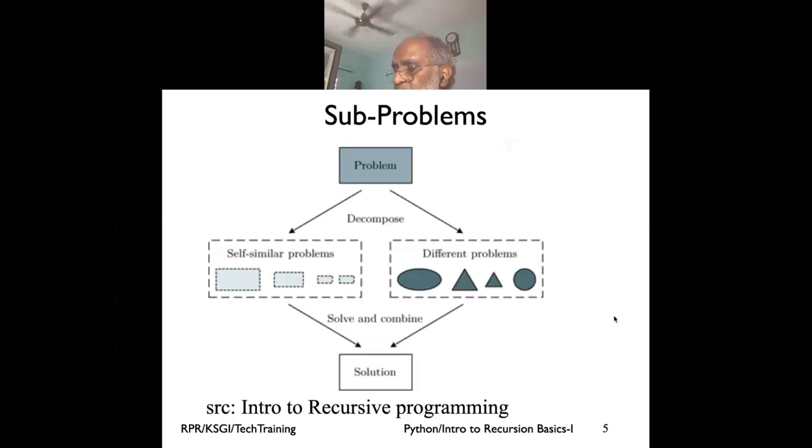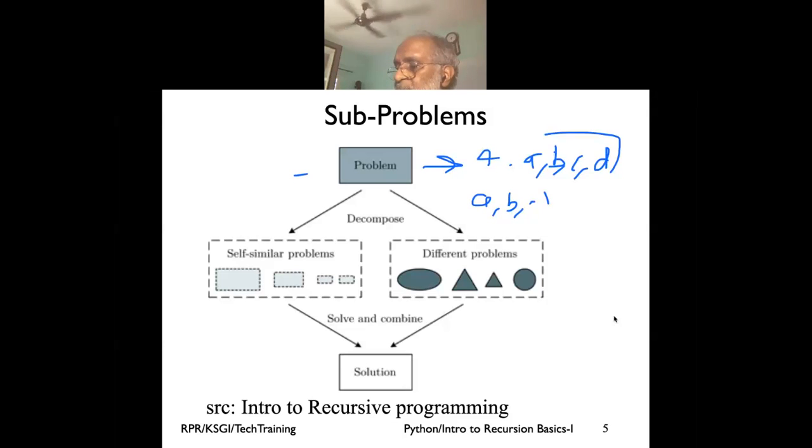The problem given to you is the sum of 4 numbers, let's say A, B, C, and D. This is my given problem. If I know how to solve the sum of A, B, C, this is a problem of size 3. My original problem is size 4. If I can solve the problem of size 3, can I find the solution of my original problem?